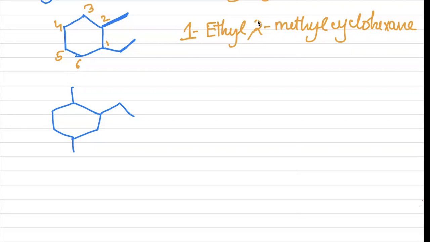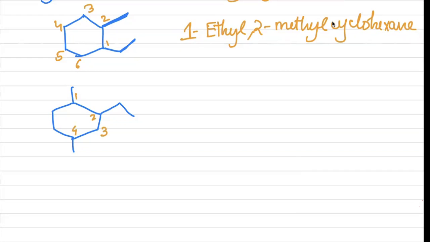I'm giving you 1 minute. Now here you have to find the lower set of locants. So obviously numbering will start from here: 1, 2, 3, 4.